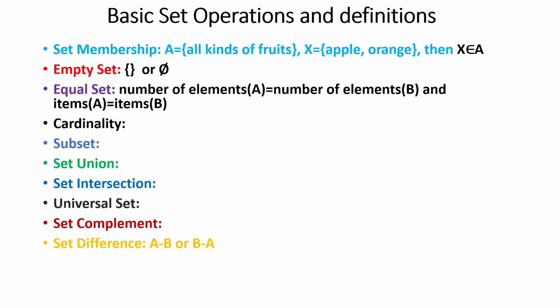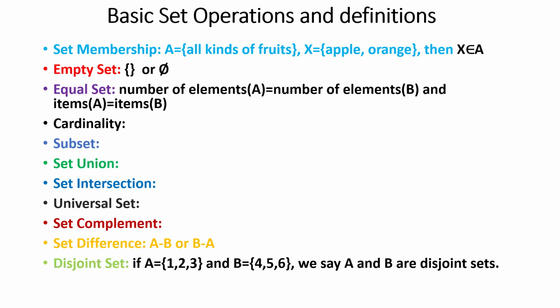Set difference, pronounced A difference B or A minus B, is the set of elements in A which are not in B, or B difference A, that is the set of elements in B which are not in A. Disjoint sets are sets with no elements in common.